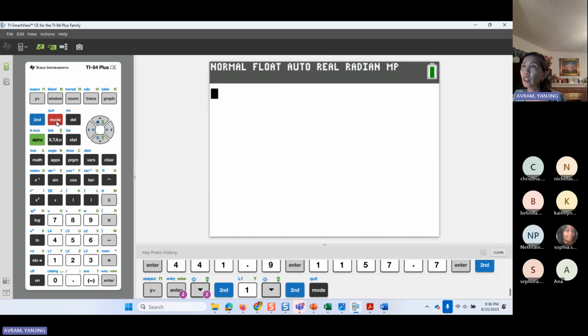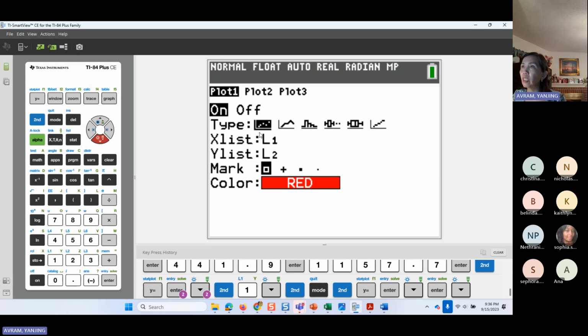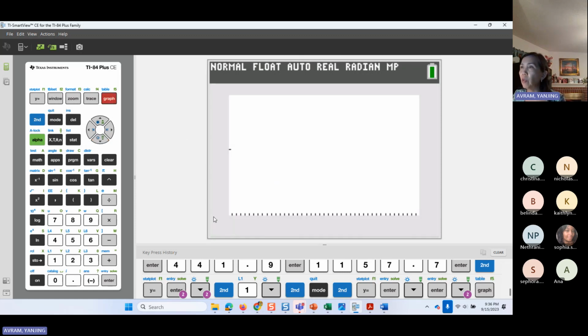Let me go ahead and check it. I'm using the first one, the scatter plot. So my X list here is L1, my Y list here is L2. Then I'll just go ahead and hit graph.